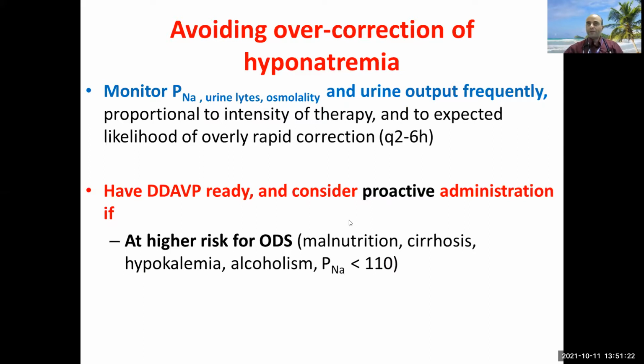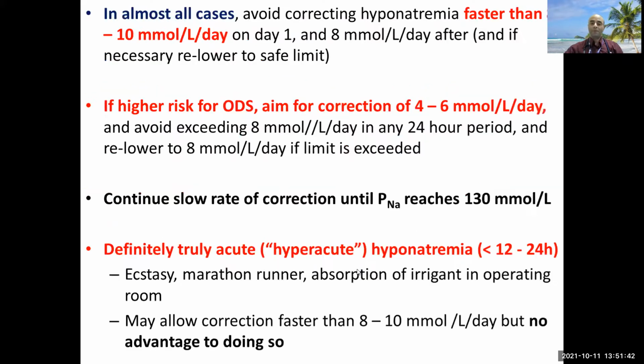I have one consultant here who already gave DDAVP with hypertonic saline, one running on one line and another on another line, both together to avoid overcorrection, especially in patients with malnutrition, cirrhosis, hypokalemia, alcoholism, and severe hyponatremia.